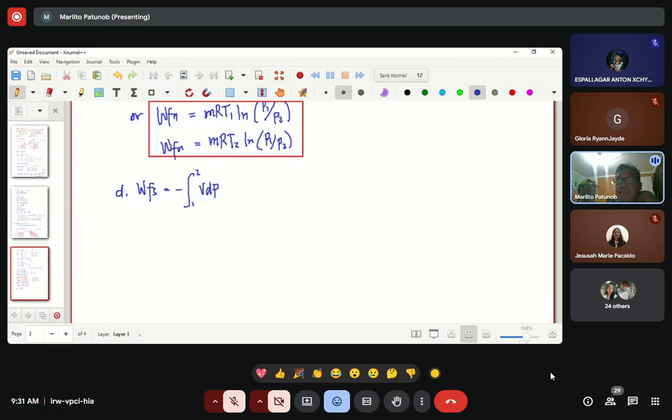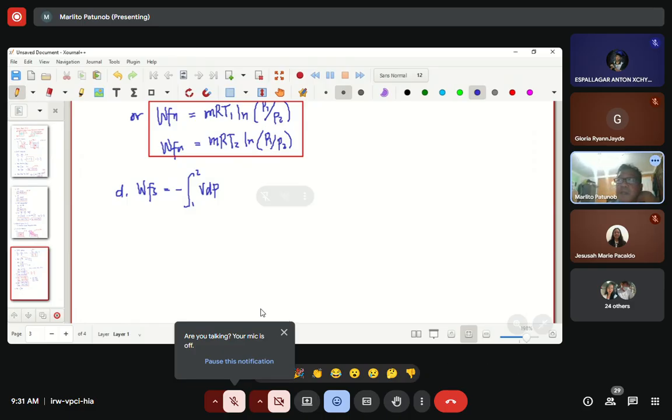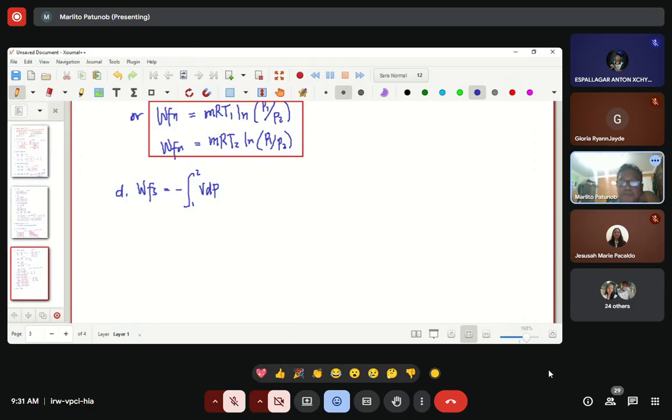So what's in there in the work steady flow? For the isothermal process, PB is constant.